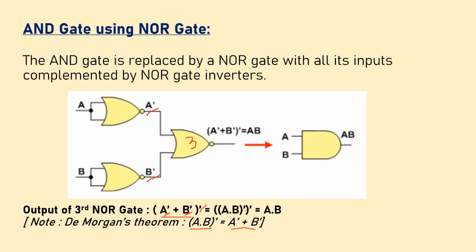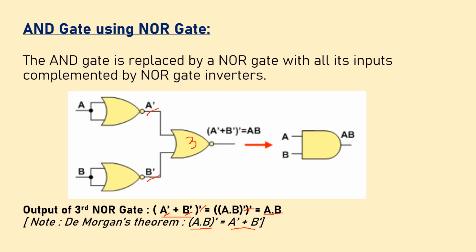And since the double negation law exists, the complement of complement gets cancelled, and we are left with only the output A dot B. So this is how we can construct the AND gate, and implement the operation of the AND gate with the help of the NOR gate.